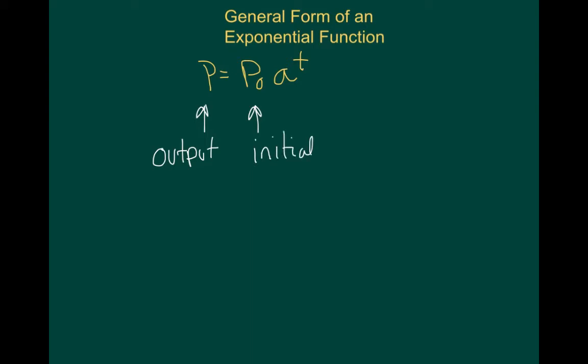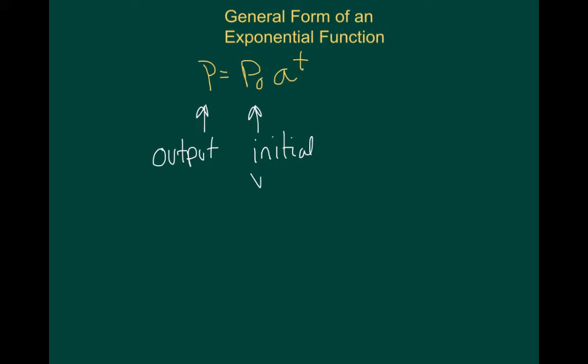Okay, in this book, the general form of an exponential function is given as P equals P naught a to the t. Now, what is each one of these? Well, P here, that's just our output. P naught, however, is the initial value. So, let's say we're talking about bacteria.